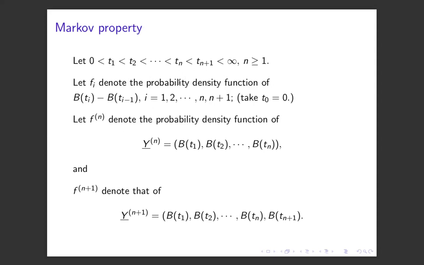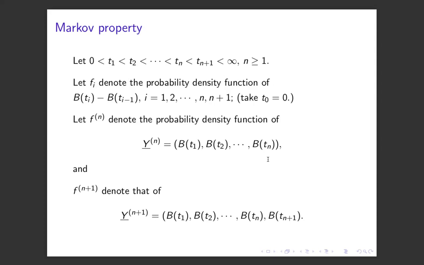If you are given that Y^n takes a particular value in R^n, on the basis of that, what can you say about the conditional probability density of Y^(n+1)? That's going to be quite simple. You take the density function of this and then divide it by the density function of that, and so on. But then one has to be a bit careful.